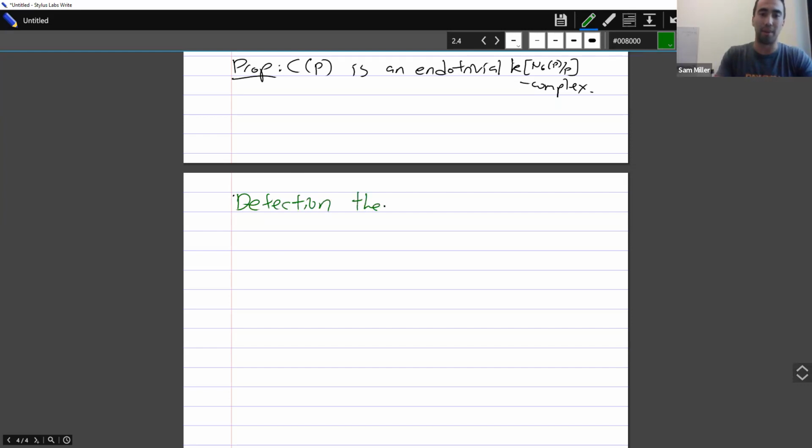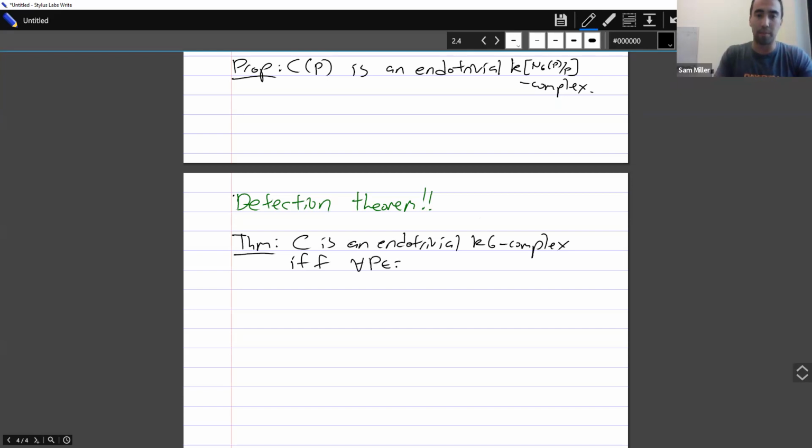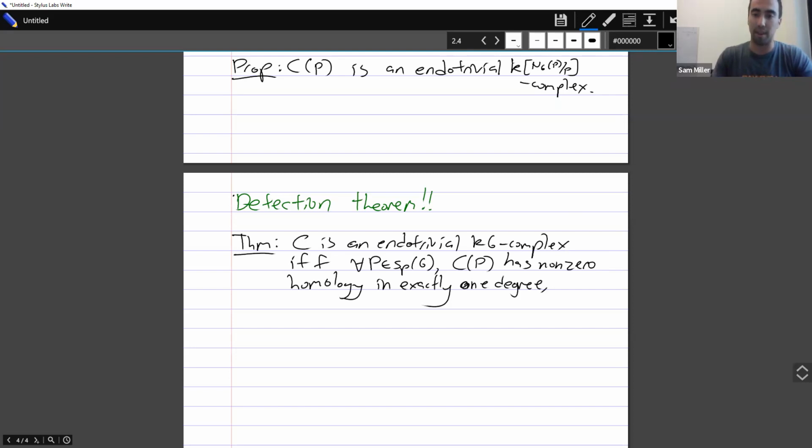Detection theorem: C is an endotrivial KG complex if and only if, for all p-subgroups P of G, C_P has non-zero homology in exactly one degree, and the homology has k-dimension 1.